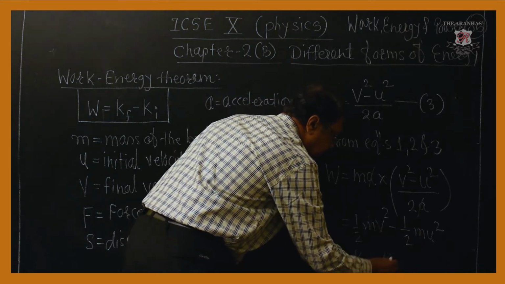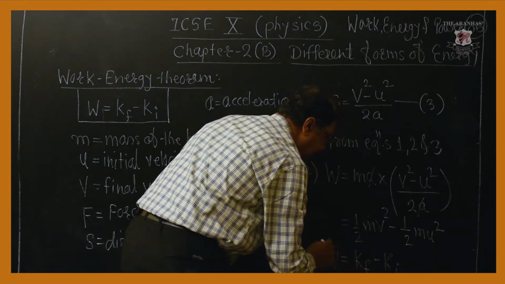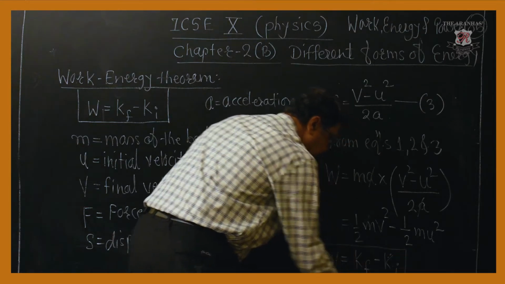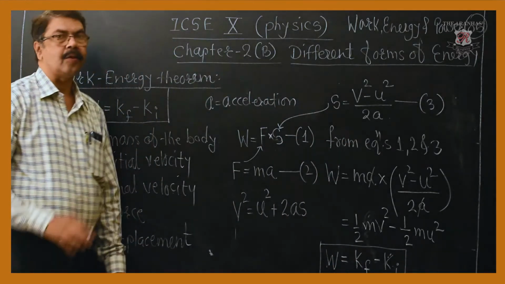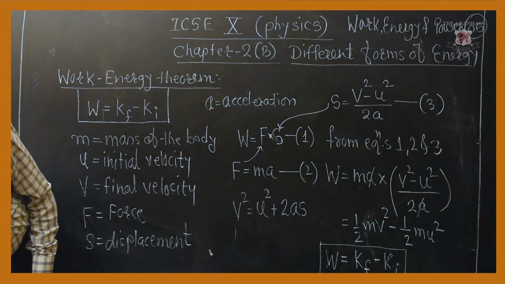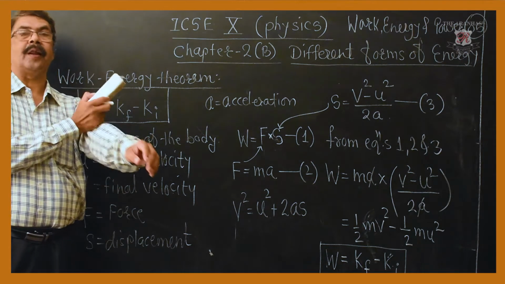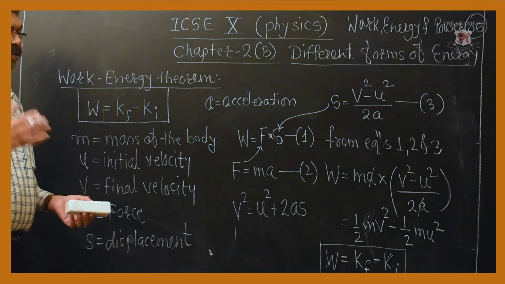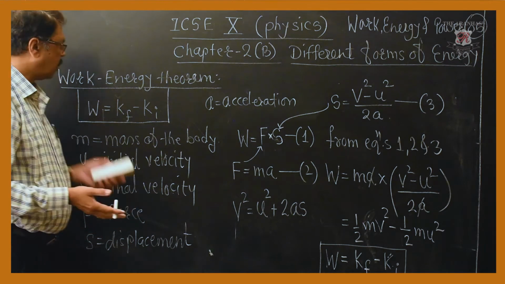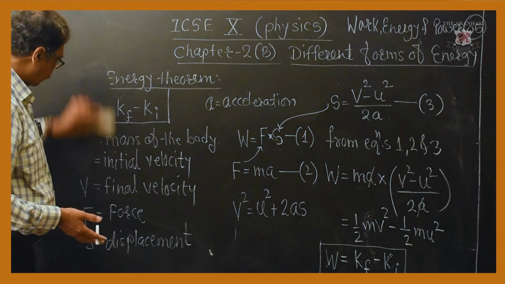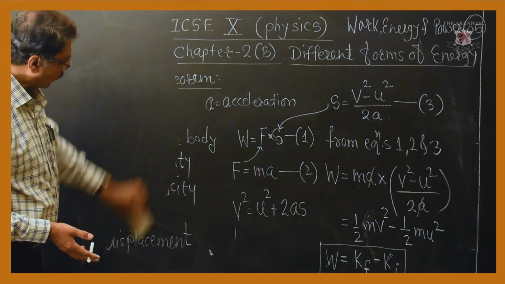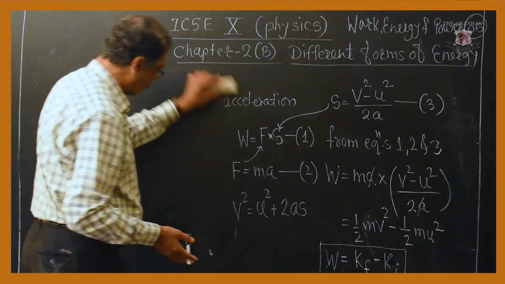This represents the initial kinetic energy Ki. So this is the work energy theorem, which needs to be applied in many numericals of this chapter, as you will see later on. Now after this, there are three types of kinetic energies which we have already considered.